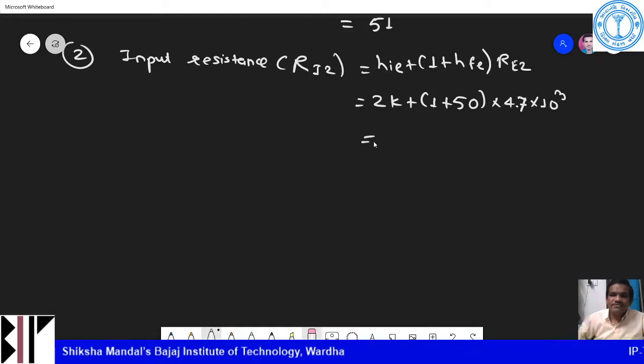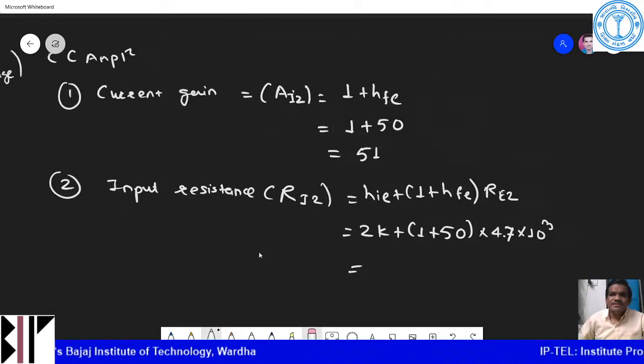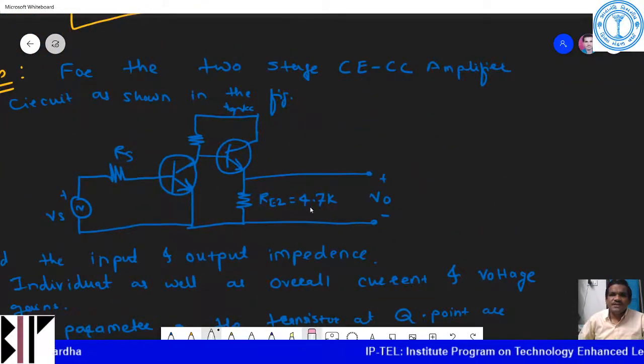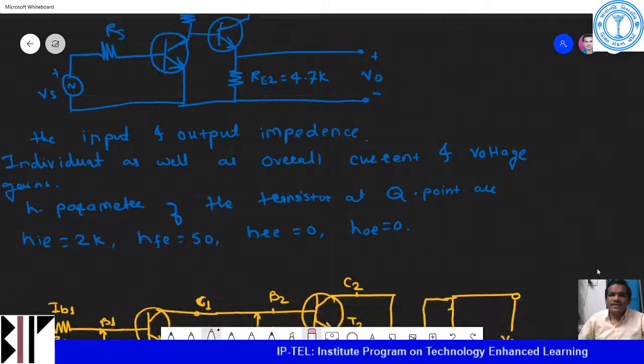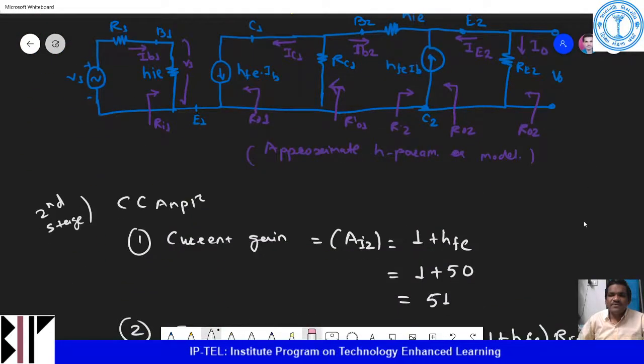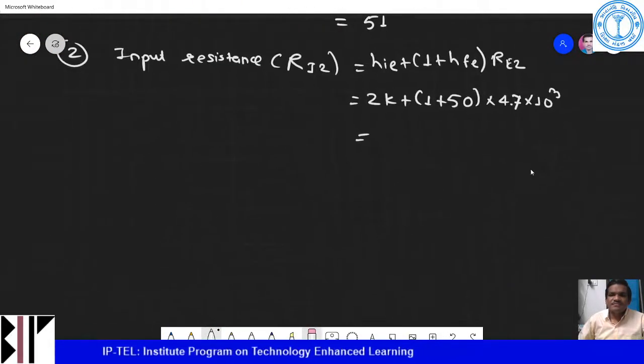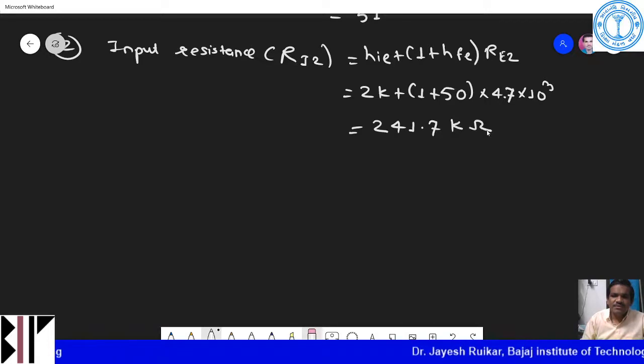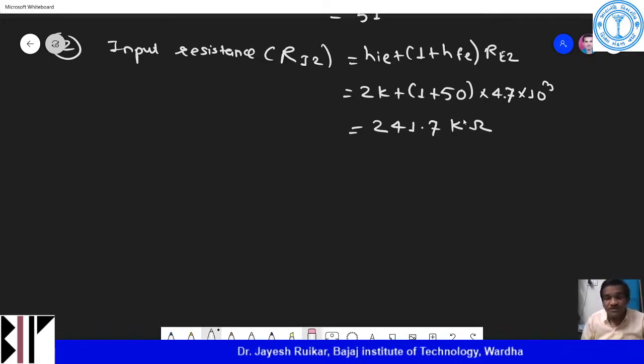The value of RE2 is 4.7K, and if you calculate that multiplication, you'll get to know that this value is 241.7 kilo ohm. So input resistance RI2 we got is 241.7 kilo ohm.